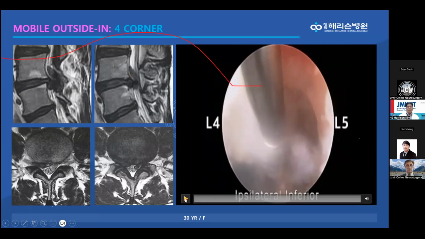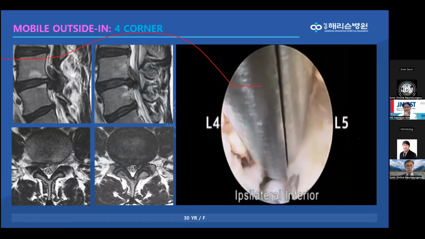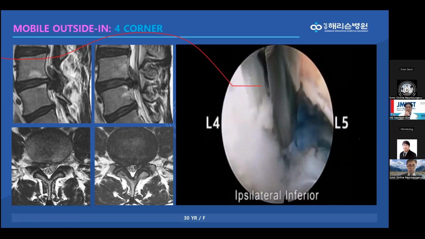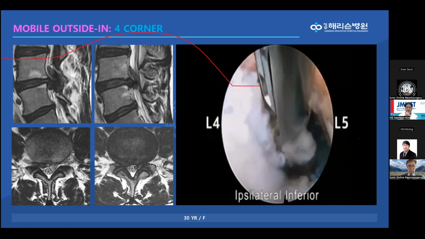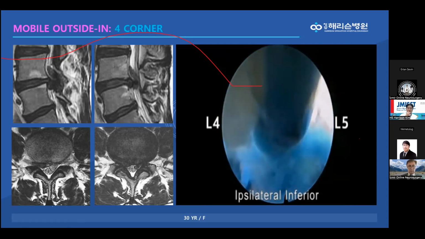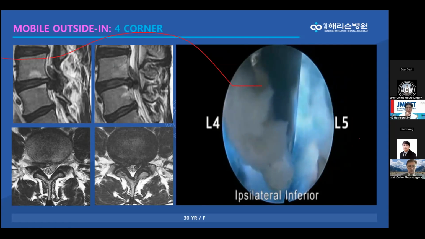How to overcome this problem using the mobile outside-in technique, you can see here. Using foraminotomy, firstly I expose the working space sufficiently, then dock the working channel at the Kambin triangle, insert it into the disc space, then mobilize the working channel to the target point.